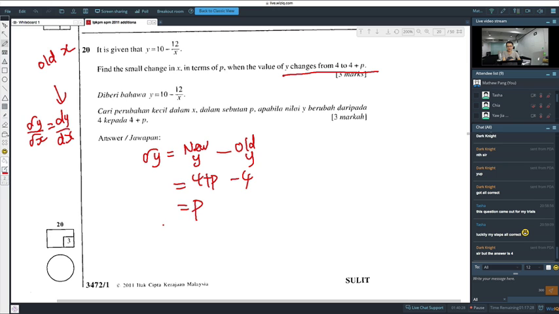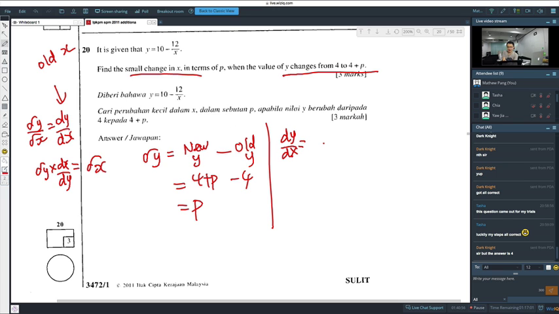So change of y is p. Now the question asks for the small change in x, so I have to do some algebra. If I move this to the other side, change of x equals change of y multiplied by dx/dy. That means I need to find dy/dx first.